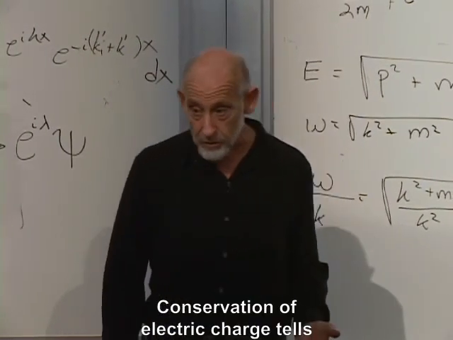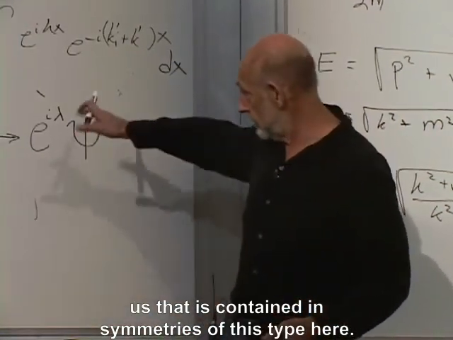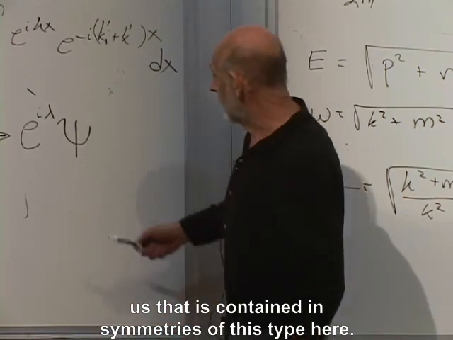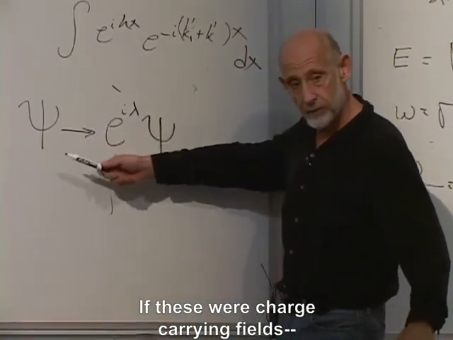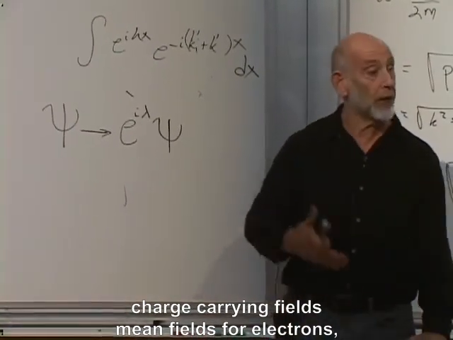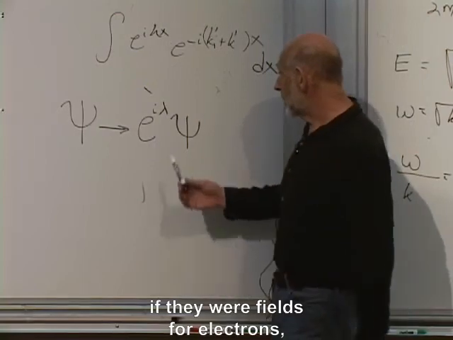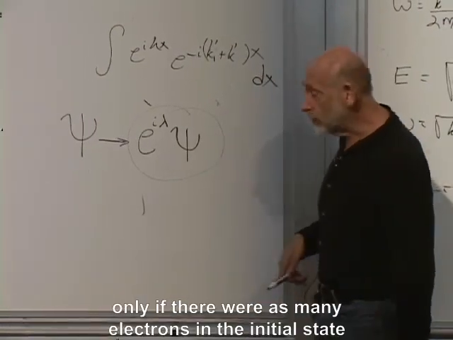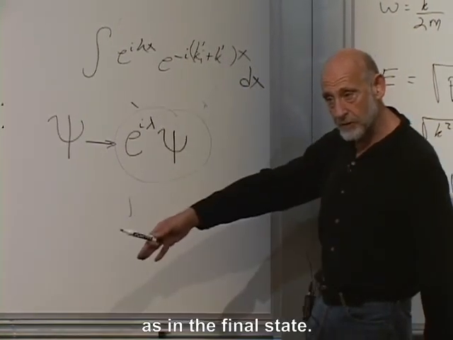Conservation of electric charge is contained in symmetries of this type here. If these were charge-carrying fields, for example fields for electrons, then this symmetry would be correct only if there were as many electrons in the initial state as in the final state.